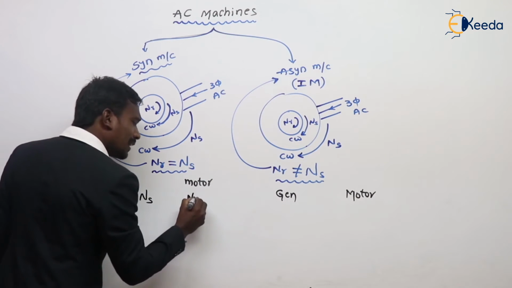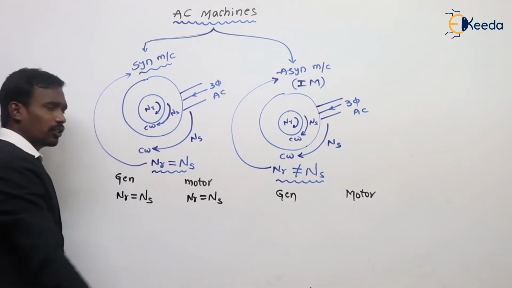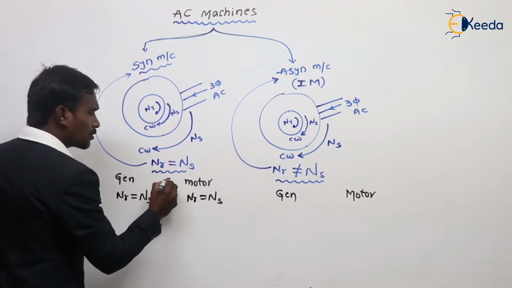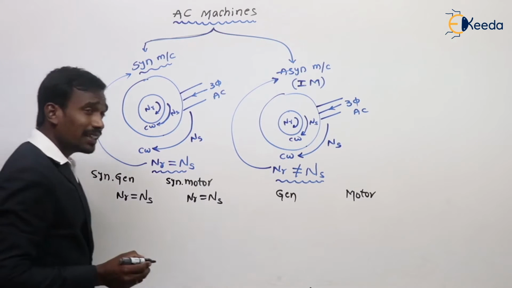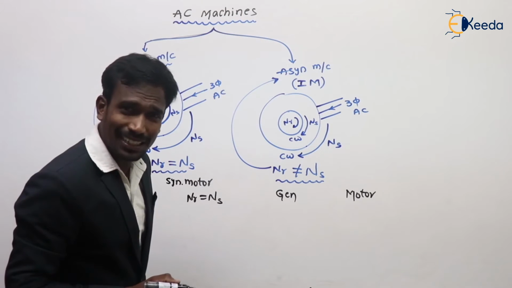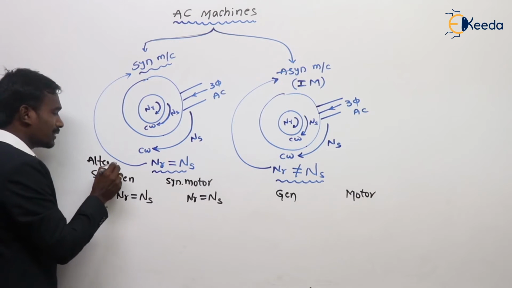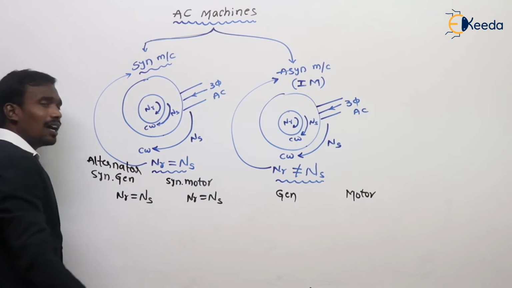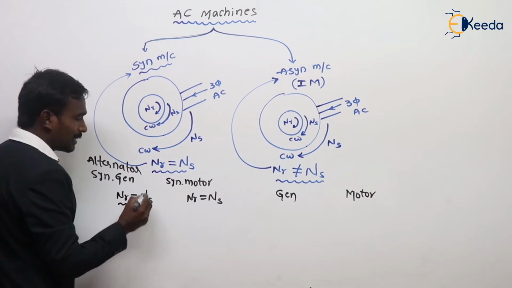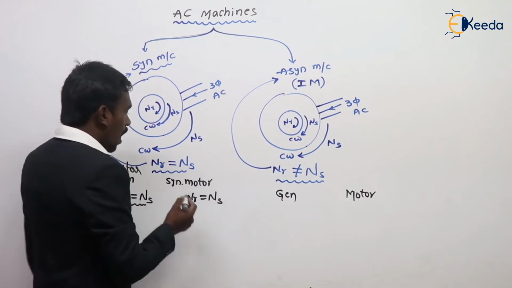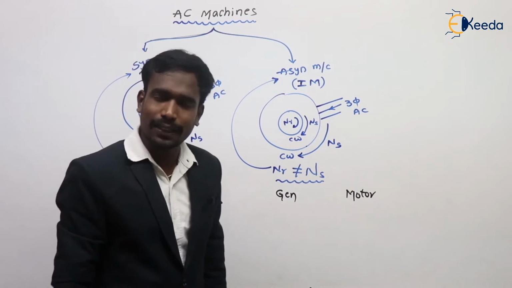Conventionally, we call the synchronous generator an alternator. In an alternator, the rotor speed exactly equals synchronous speed, and in a synchronous motor, the rotor speed exactly equals synchronous speed.